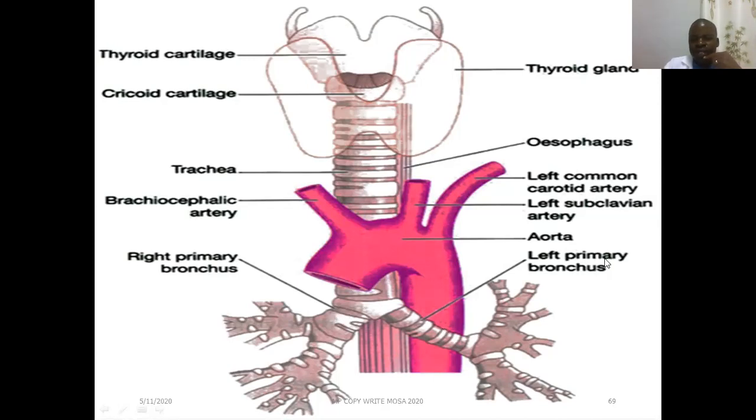Then we have the left primary bronchus, and this is the aorta making some branches like the left common carotid artery, also the left subclavian artery, and the aorta itself, which is the bigger blood vessel.